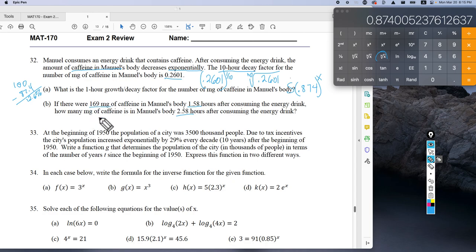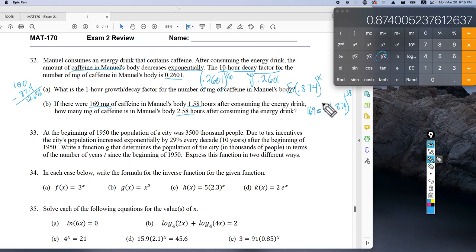Thinking of this formula, 169 would be equal to whatever we started with times 0.874 raised to the 1.58 power, right? So we can figure out what we started with, and then we can find the next step.